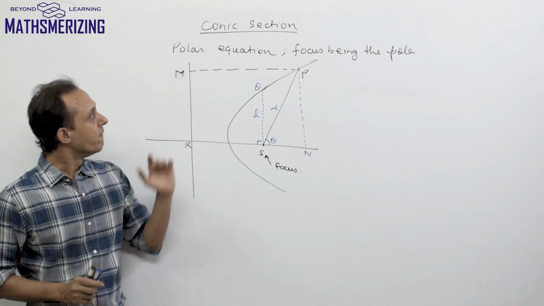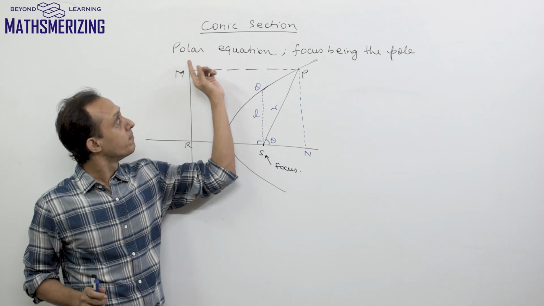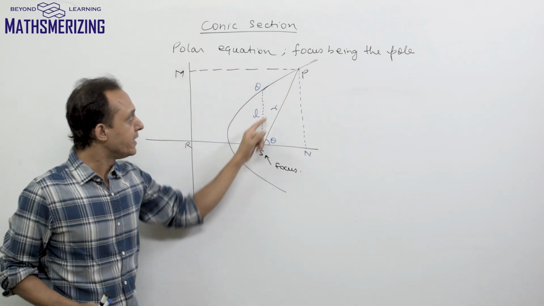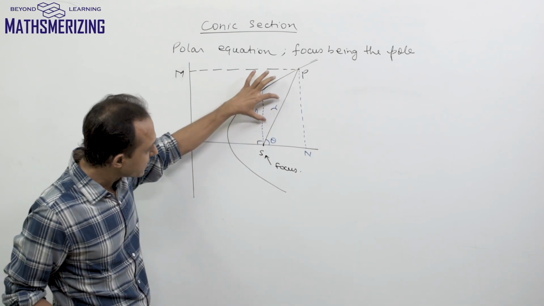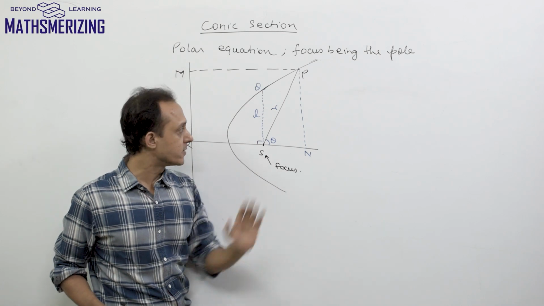In this video, we'll be discussing polar equations of conic section. Now in this polar equation, we are going to treat focus as a pole. So any general point on this conic section, say it is P, is at a distance r from focus, and it makes an angle theta with the axis.